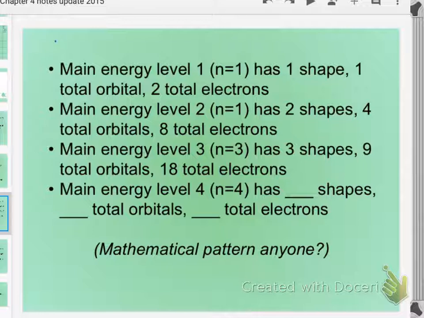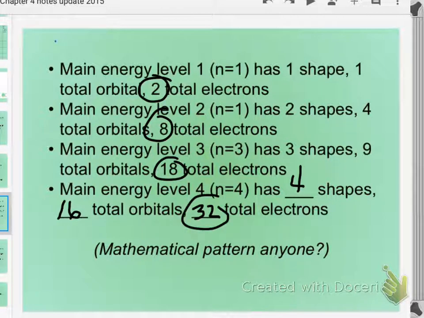How many shapes does main energy level 4 have? 4. How many orbitals? 16. How many electrons? 32. So back in physical science, you learned 2, 8, 18, 32, but there was no rationale for that.